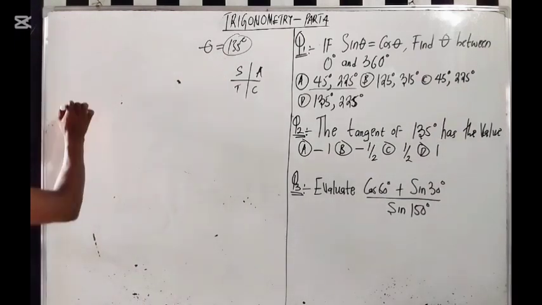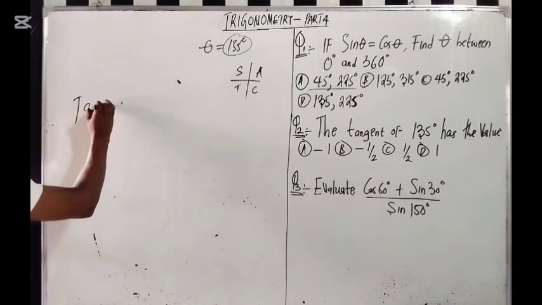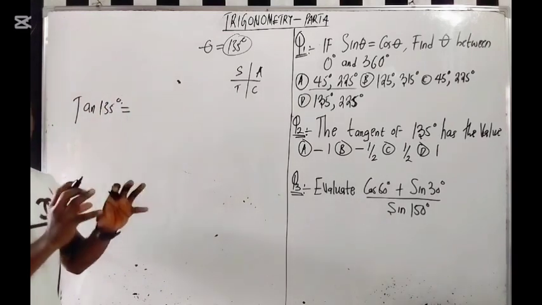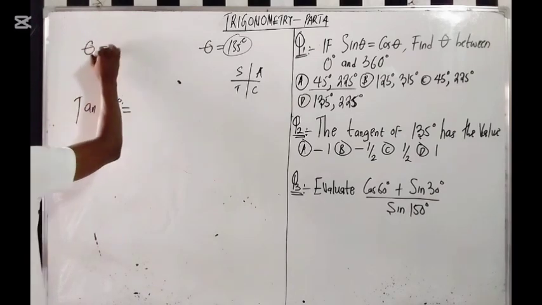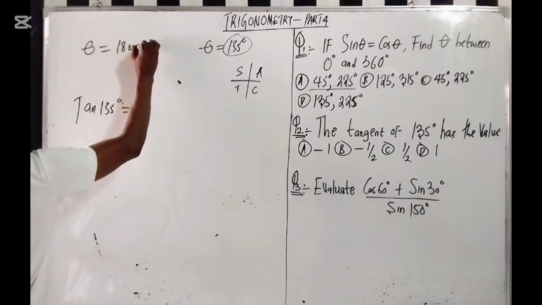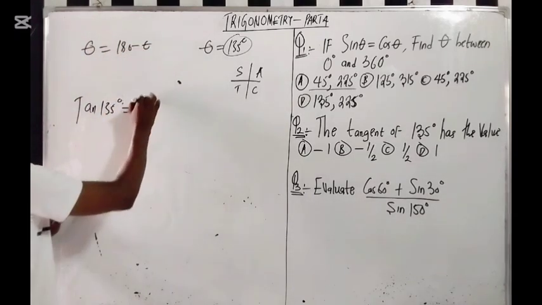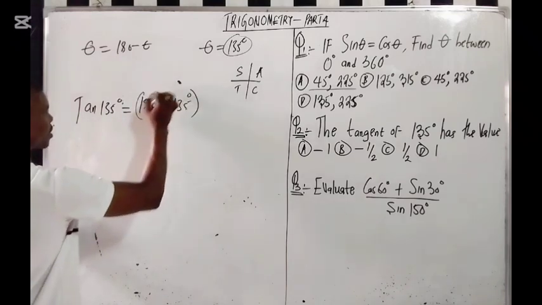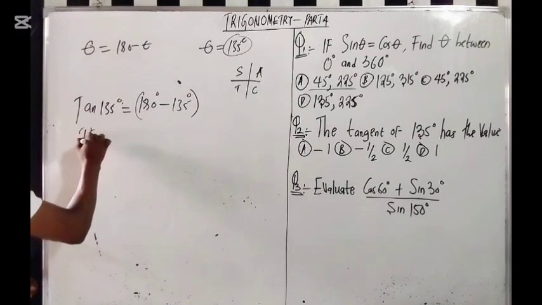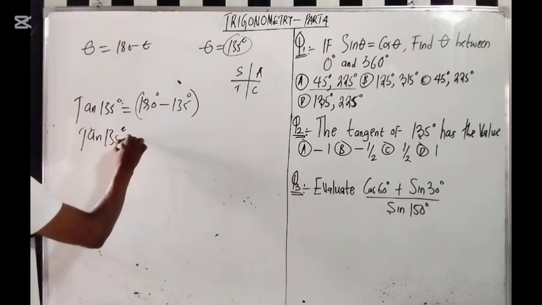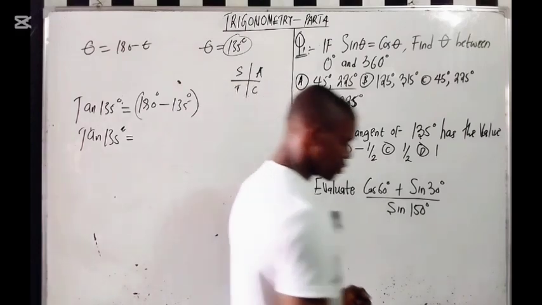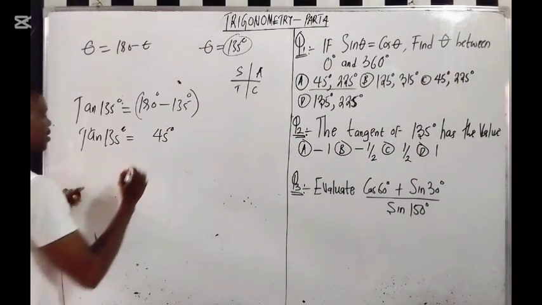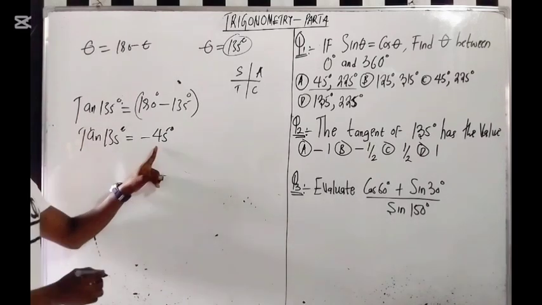Now tan 135 equals what? Remember, in the second quadrant, theta equals 180 minus theta, right? So it's going to be 180 minus 135 degrees. So tan 135 degrees equals 180 minus 135, which is 45 degrees, right? Now, but there's a minus here. That is the reason why there's a minus here.